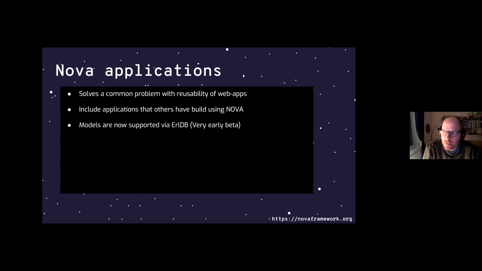And this was something that we wanted to solve with Nova. So basically, you can take one application that is written in Nova and include it in the application you are developing right now. Let's say that you want user management, for example, or that you want to have a chat page. Then you can just take a project that does exactly that and include it in your own project without any hassle with umbrella apps and so on.